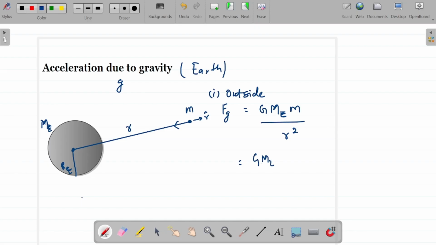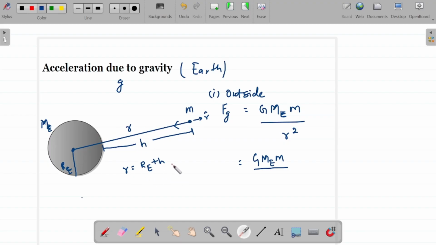G M_e into m divided by r square. This r we can write in two different terms. If we are taking its height from the surface as h, then r will be R_e plus h. From here to here is its radius, and from here to here it is h.